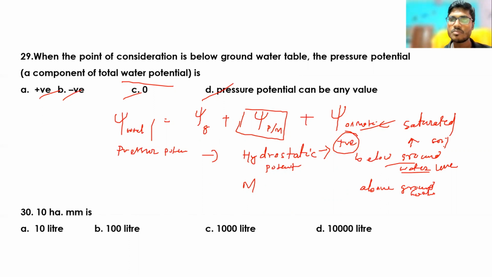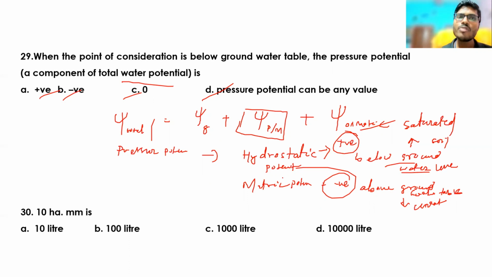And when the point of consideration is above the groundwater table, it means the soil is unsaturated, so in this case the pressure potential is known as matric potential and the sign of this potential is negative. So matric potential is always negative, hydrostatic potential is always positive. These are the types of pressure potential.